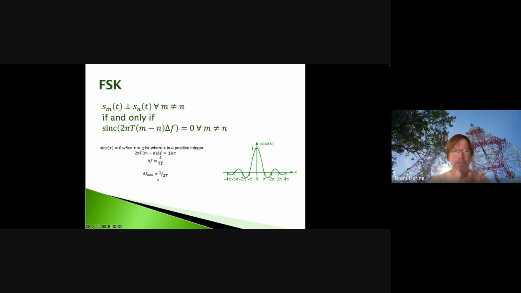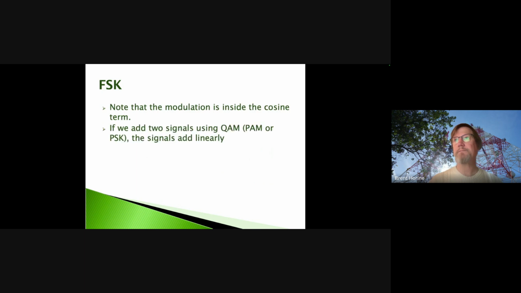But let's consider what is our minimum frequency spacing, right? So that occurs when k is equal to 1, so delta f is 1 over 2T. So what we're saying here is that that is the closest that we can step in this delta f when we're modulating these bits using this FSK modulation, so that we don't have any overlap from one frequency step to another. So we can clearly distinguish the different symbols from each other, right?